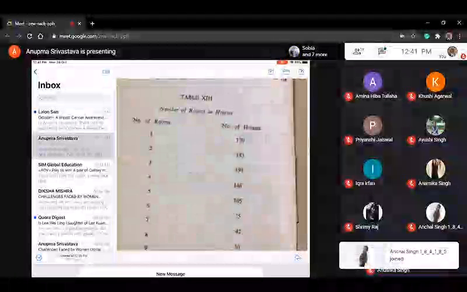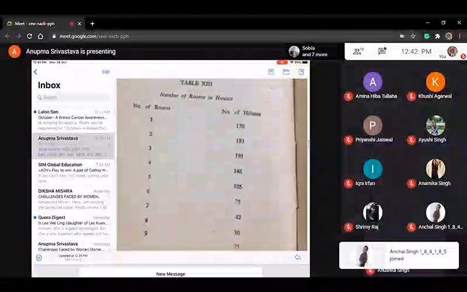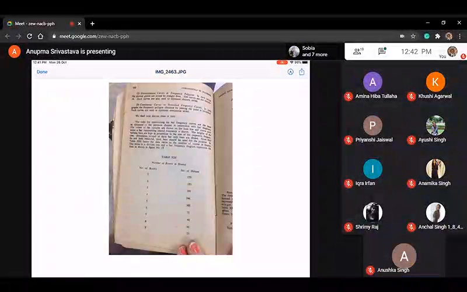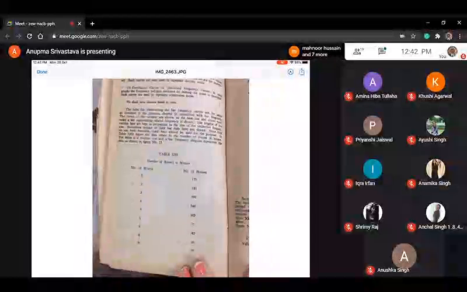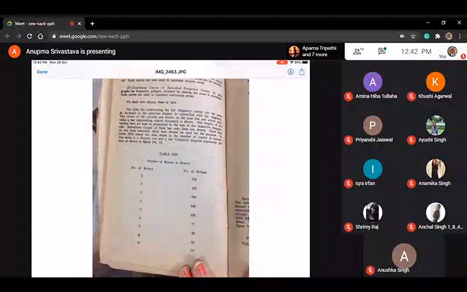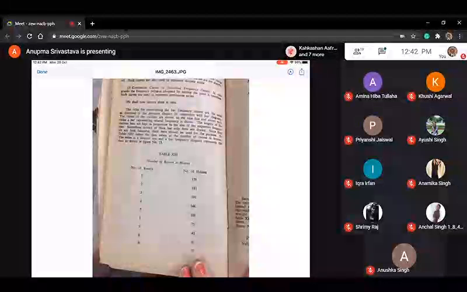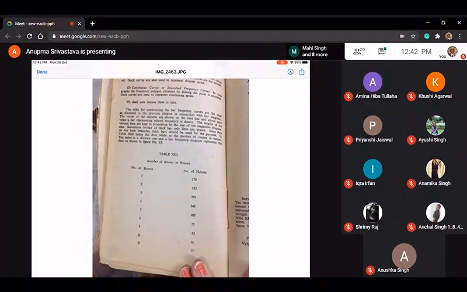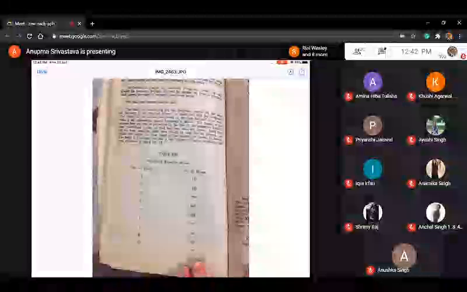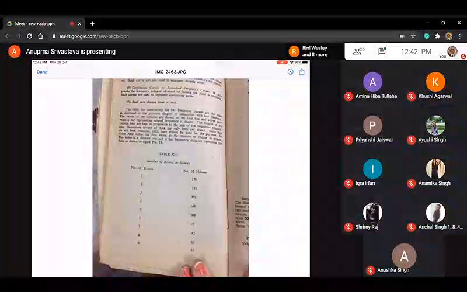Now, this is an example of showing the bar frequency curve, where you have the number of rooms in whole numbers like 1 to 9 given, and the number of houses given here, and you have to draw it in a diagram. So you depict the number of rooms on the x-axis and the number of houses on the y-axis.